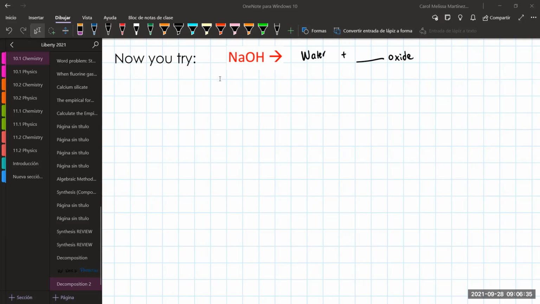Because we're talking about sodium, so it's going to produce sodium oxide in the end. And all I do is form the formulas. Sodium, which is Na 1 plus, and oxygen oxide, that is O 2 minus. This charge will be ignored while this one is being crisscrossed. So in the end, this is what I get.